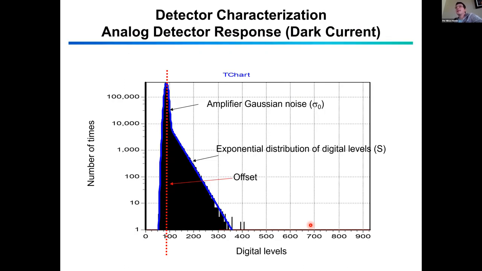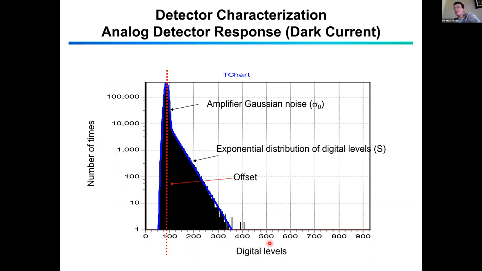So just to illustrate, this is detector characterization. Here's the typical response behavior of an analog detector with no sample present, just the dark current. On the y-axis, you have the number of counts, the occurrence, in this histogram.